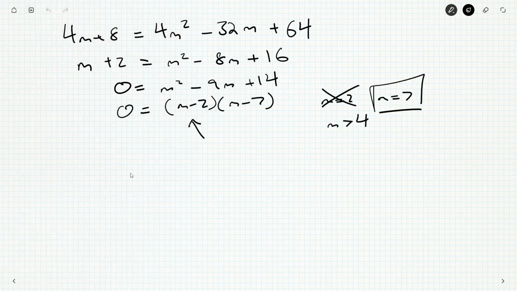Okay, and what's our other possibility? If m is less than 4, then we'll have 4 is equal to 8 minus 2m. See, it's the exact same expression, just with negative signs, so it should solve the same way.